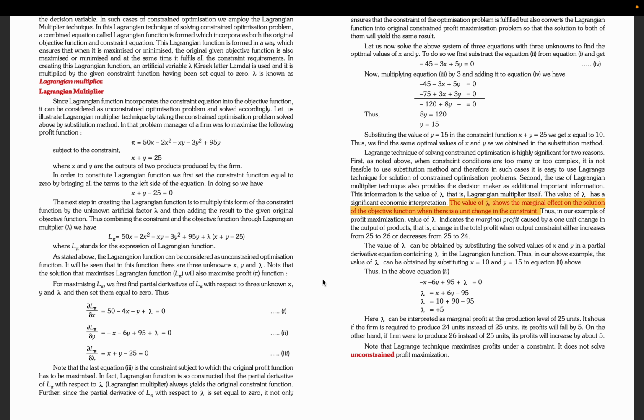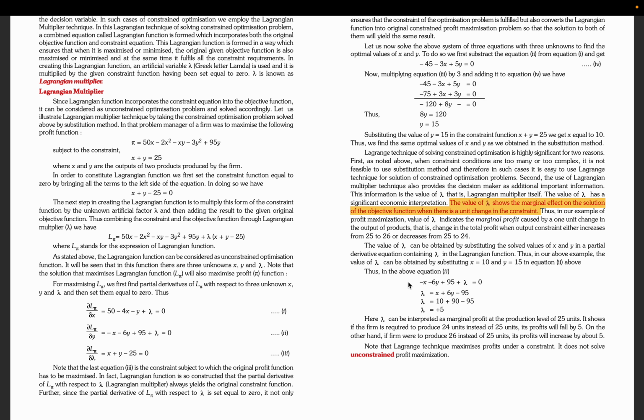So if the constraint is changing by a unit, what is the level of change or marginal effect on the solution of the problem, in this case profit. Thus, in our example of profit maximization, the value of lambda indicates the marginal profit caused by 1 unit change in the output of products, that is the change in total profit when the output constraint either increases from 25 to 26 or decreases from 25 to 24.